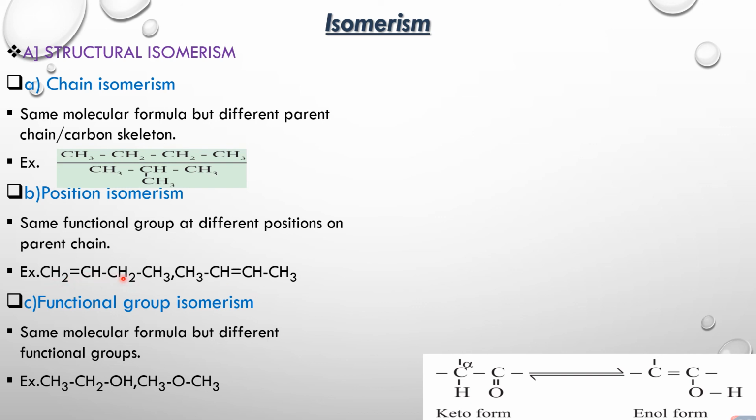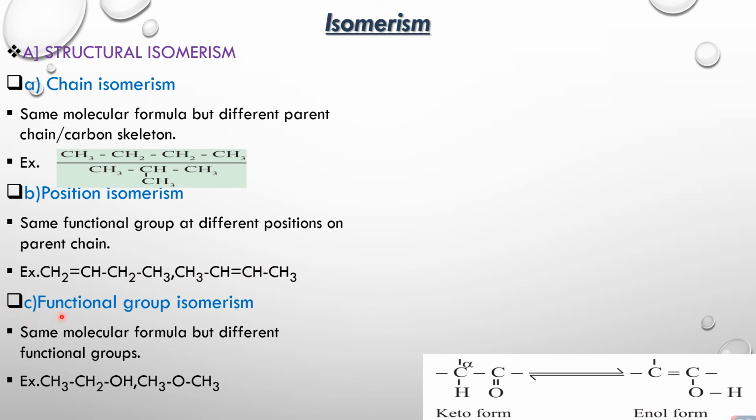CH2=CHCH2CH3 is the but-1-ene compound, and CH3CH=CHCH3 is but-2-ene. Here the double bond is between carbon number 1 and 2 in but-1-ene, and in but-2-ene it is between carbon number 2 and 3. So the molecular formula is the same, but the position of the functional group is different.